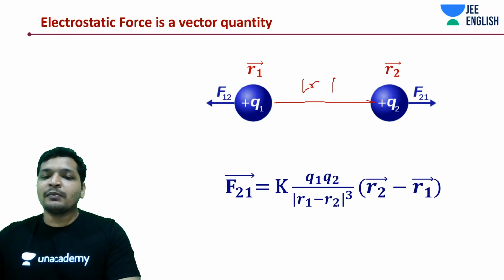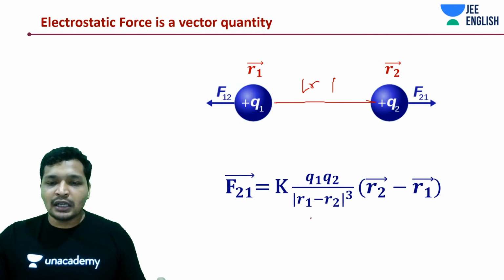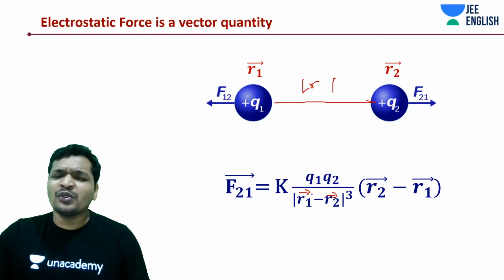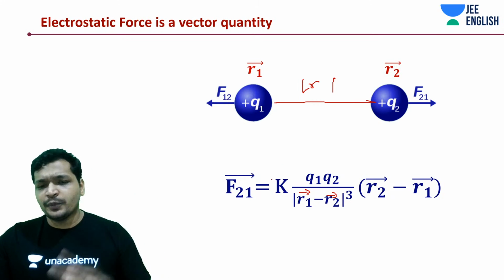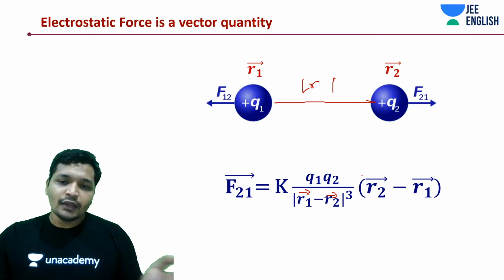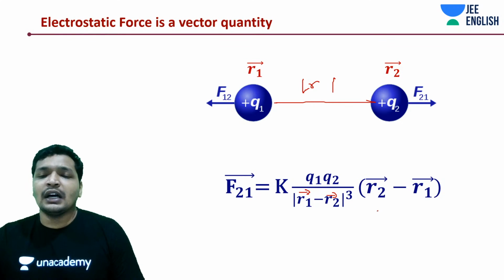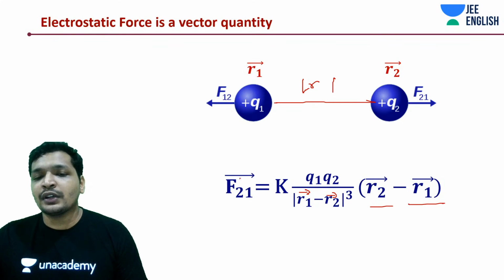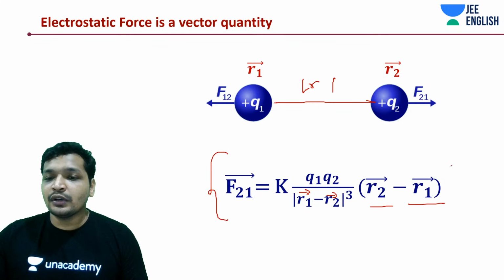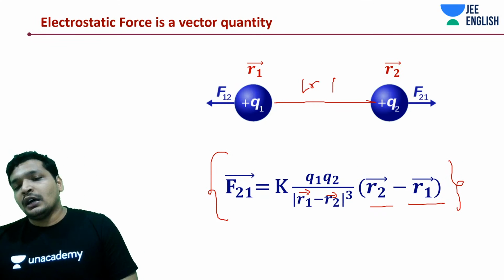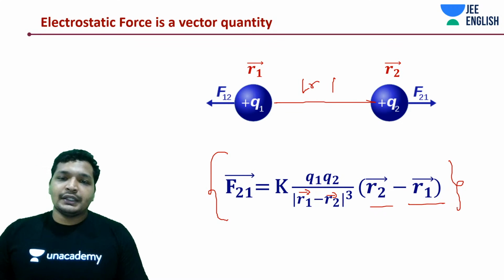If you're talking in terms of position vectors, it's nothing but the mod of r1 minus r2 or r2 minus r1, whole cube in the denominator, and you write r2 minus r1 in the numerator. This is irrelevant, you know how to derive this, but anyway, do derive it. If you're totally new, write it down and derive it.